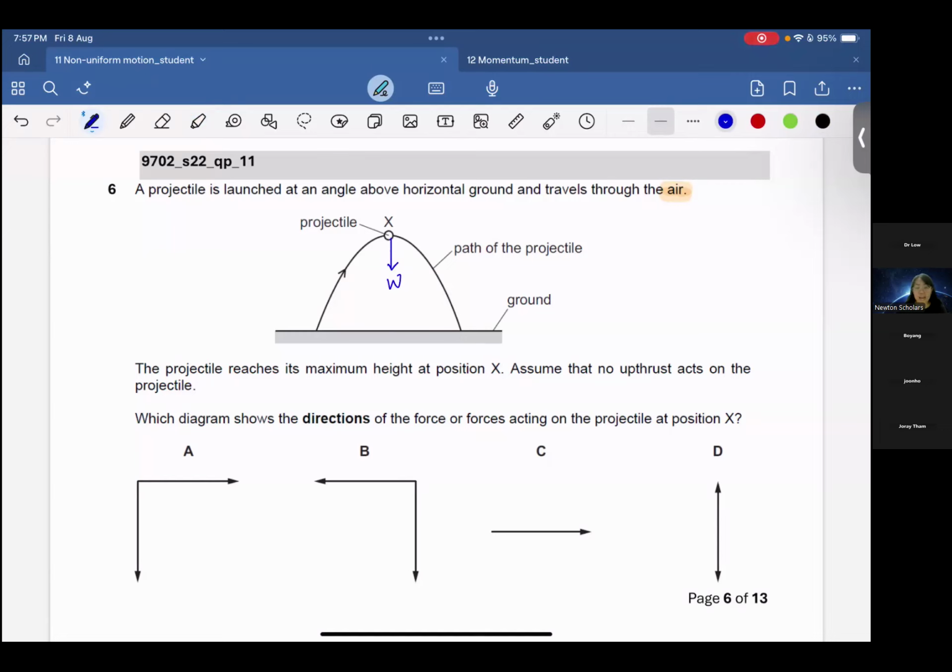Air resistance actually is a force. Okay, it's a force. Vito, correct. Not D. Not C. There is air resistance. We have to consider air resistance.